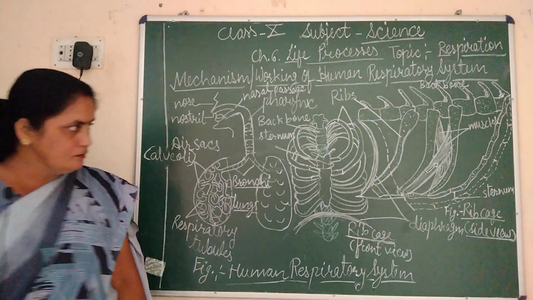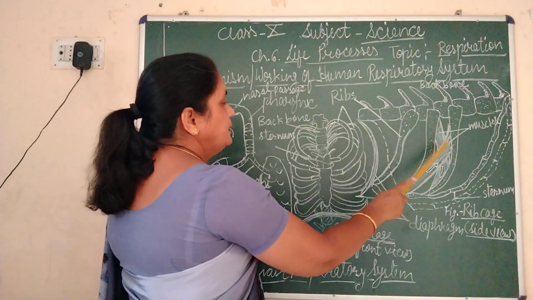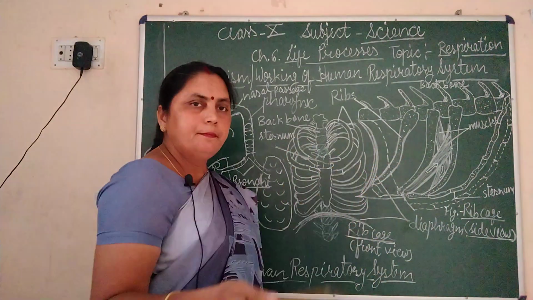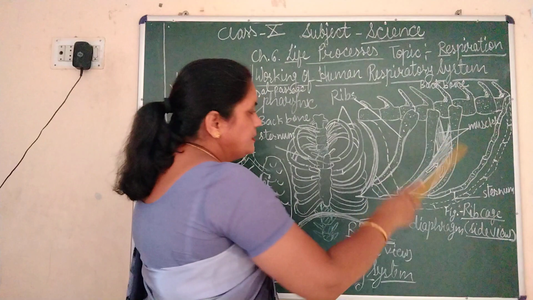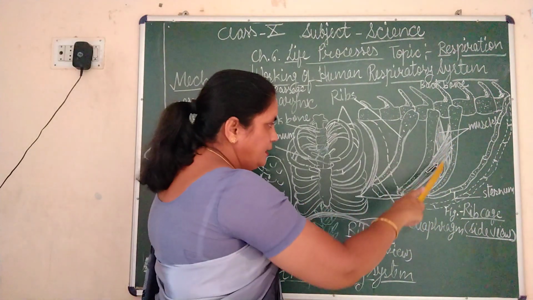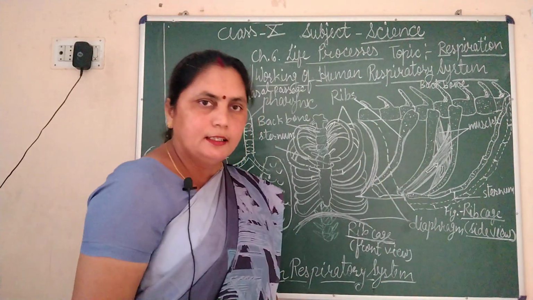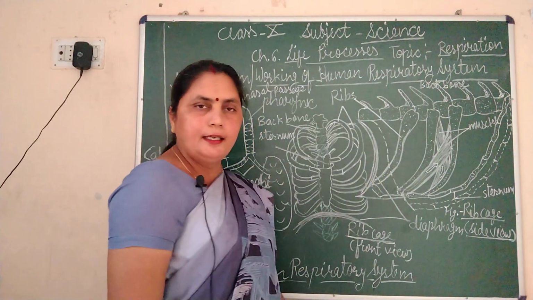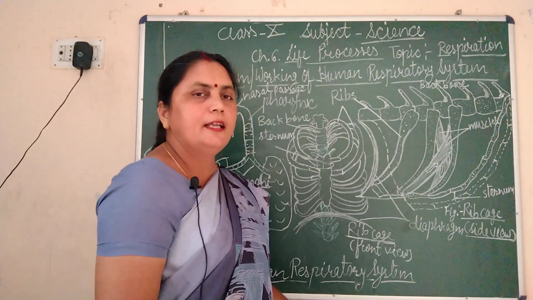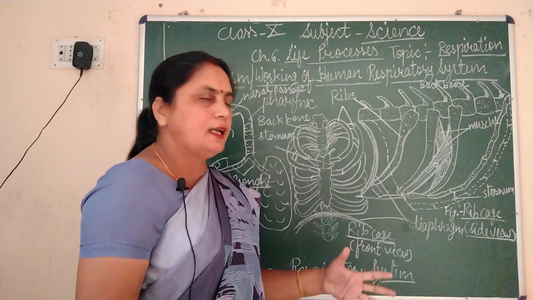Okay, now children, between each pair of ribs, there is a pair of bundles of muscles. One is this and the other is this. They are located at right angles to each other. What is special about these muscles? The names and other details you will know in class 12th.